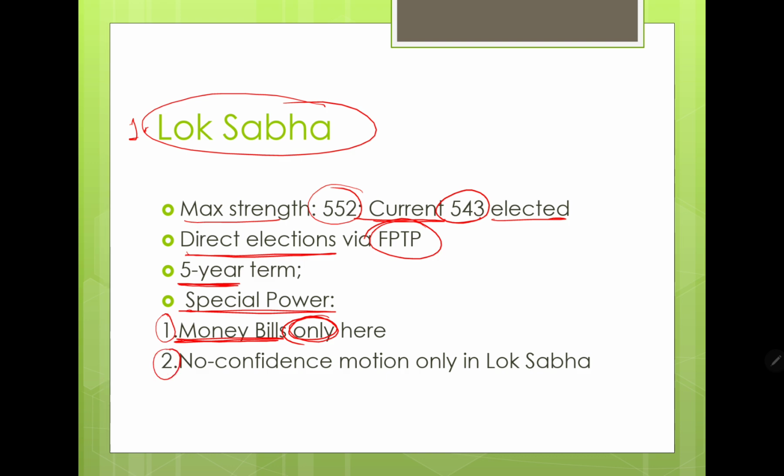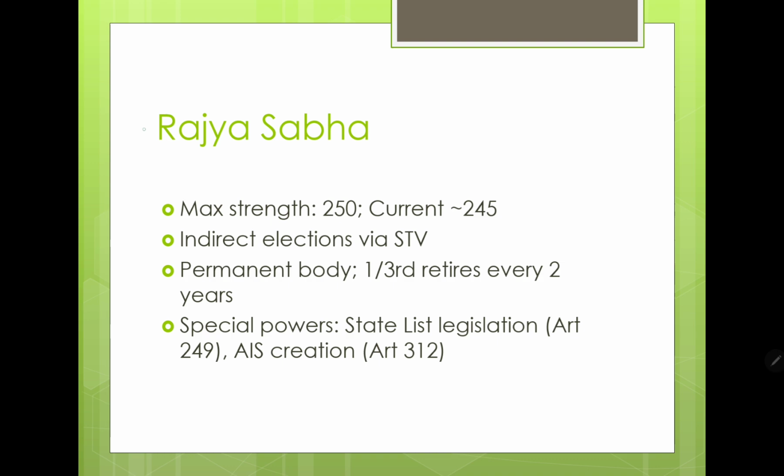And the second, the most important power of Lok Sabha, is that a no confidence motion, focus on the word only, a no confidence motion against not the member but the whole government can be passed only in the Lok Sabha.